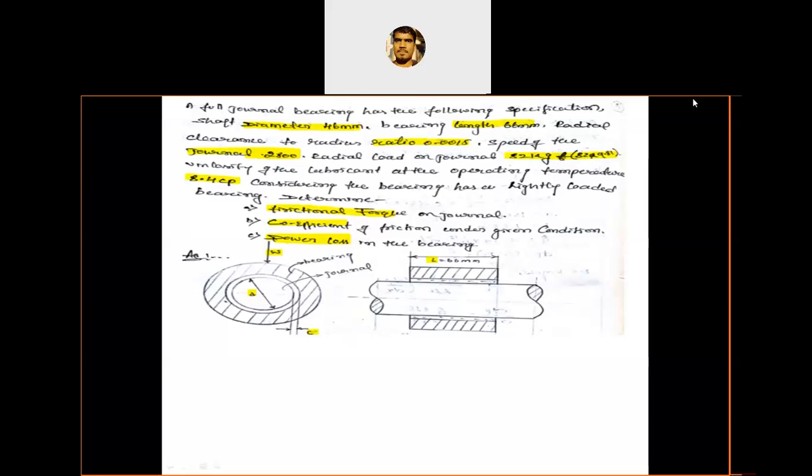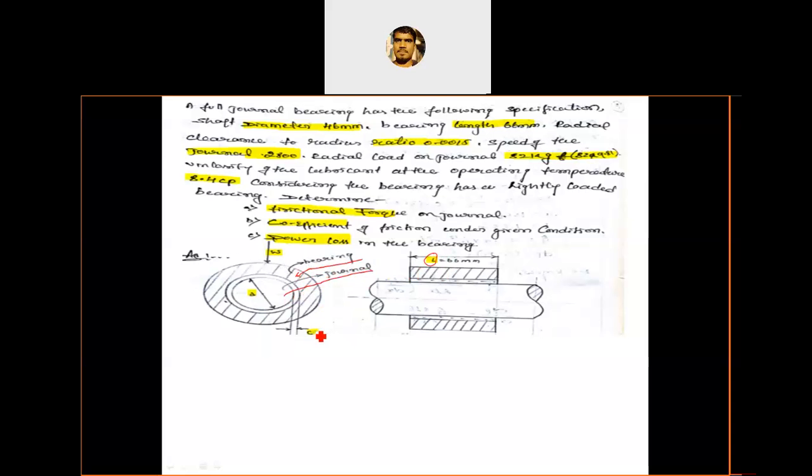This is the actual picture, a journal and the bearing. This is a bearing and this surface is called the journal, and this is the length of the journal.